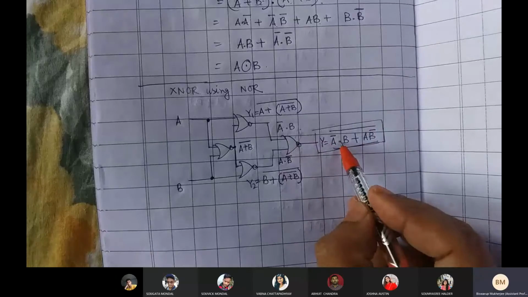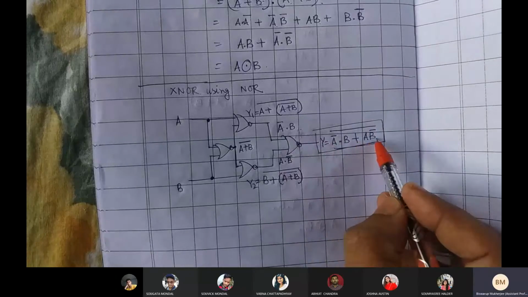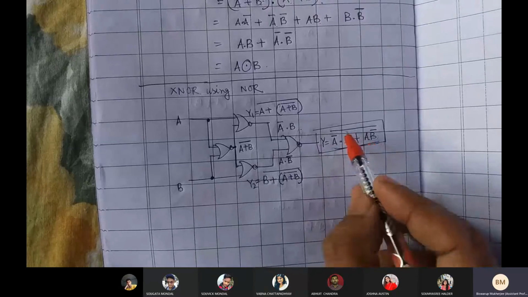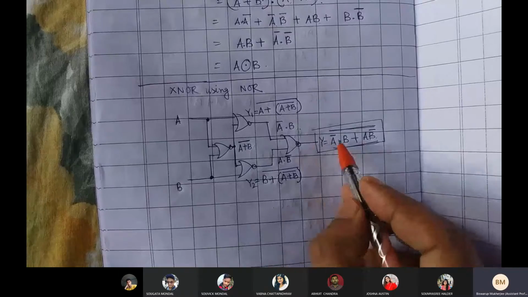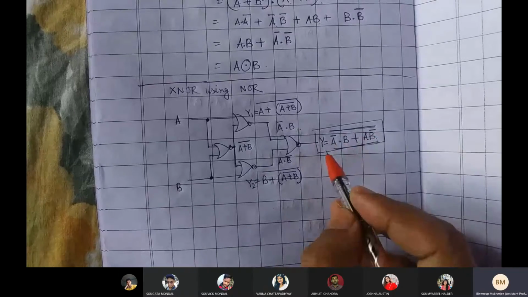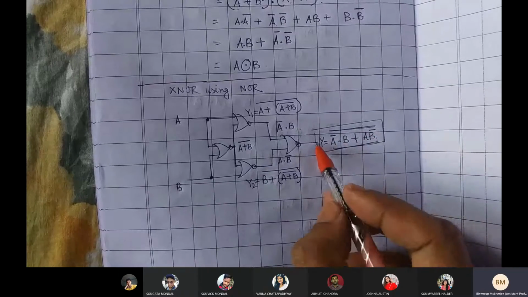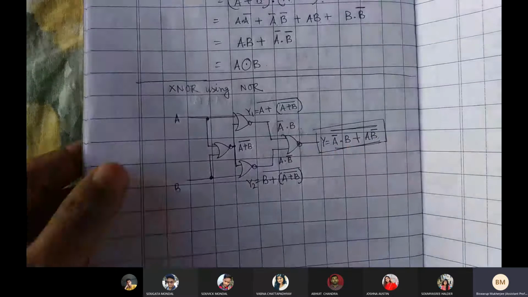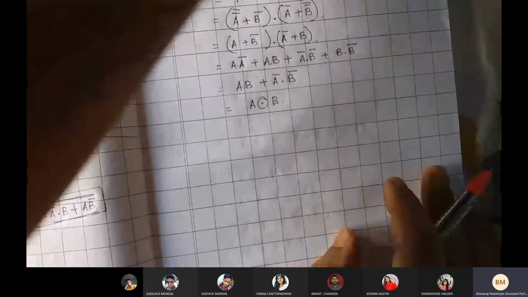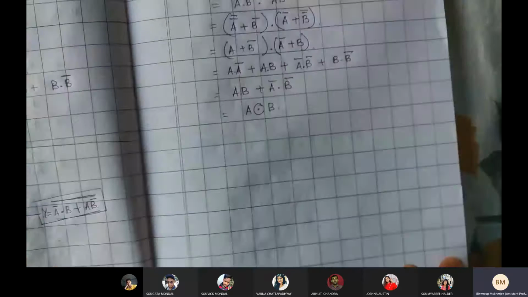A bar B plus AB bar. That is XOR complement, right? So already we have got XOR complement here. In order to get XOR, we need to provide one more NOT gate. So XNOR followed by one NOT gate will provide you XOR.